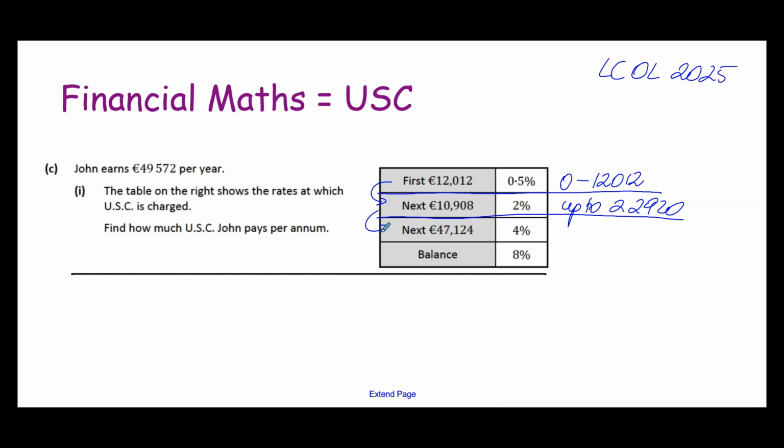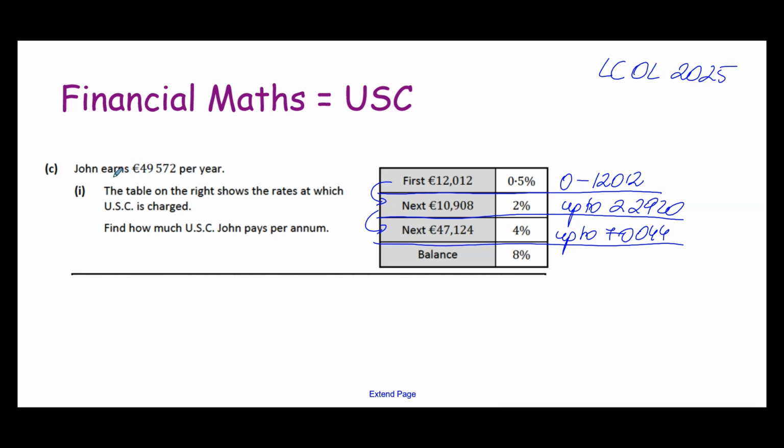And then when we add up the last bracket, up to, we're going to end up with 70,044. So if somebody is earning, let's say, 50,000, he's going to be in this bracket, and in this bracket, and in this bracket, but he will not cross the third bracket. Why? Because he's earning less than 70,000. But anyway, let's have a look at this particular question.